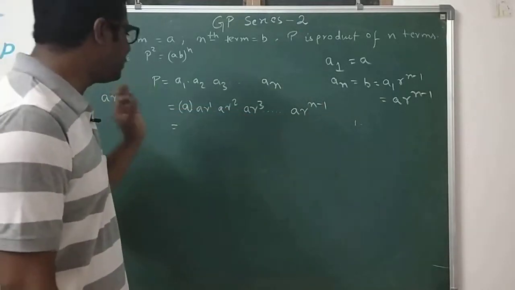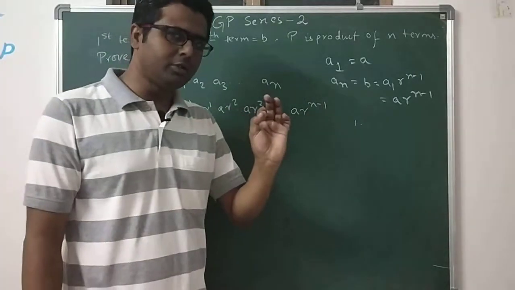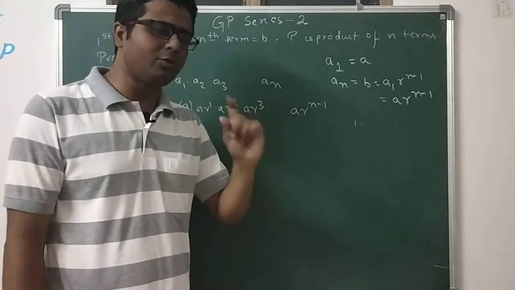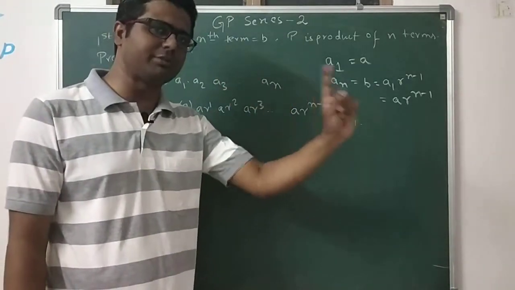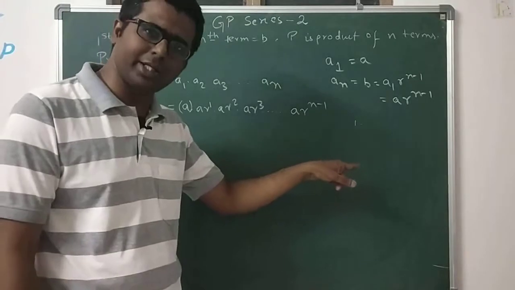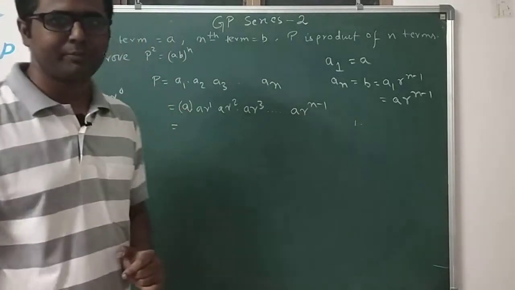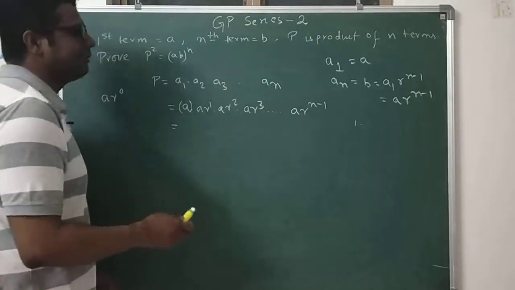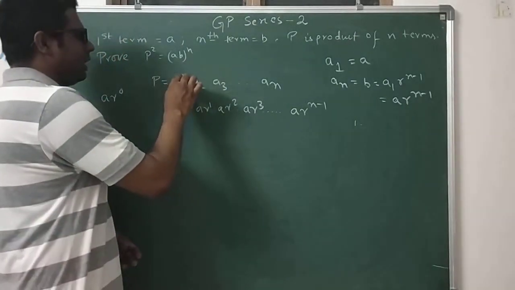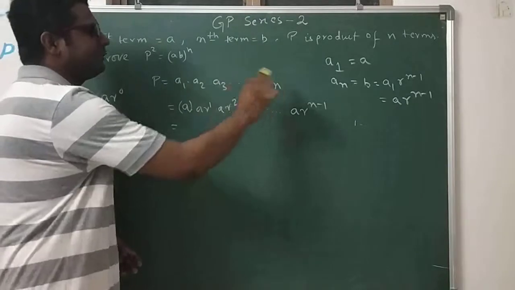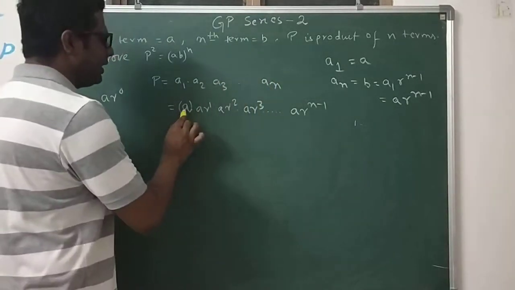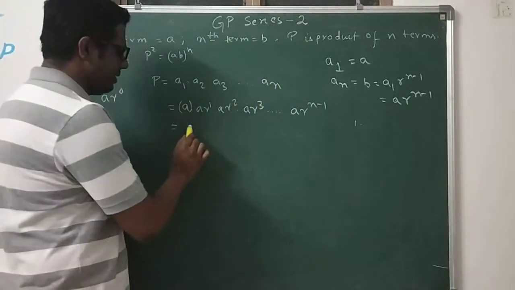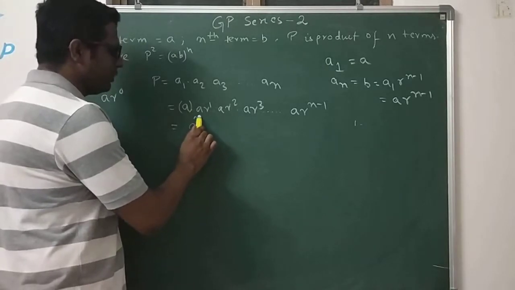If it had started from 1, then 1, 2, 3, 4, 5, 6, 7, 8, up to n minus 1, how many numbers are there? Let's make it pretty easy. A1, A2, A3: how many terms are there? N terms. So obviously there will be n number of A's. So can I write A to the power n?